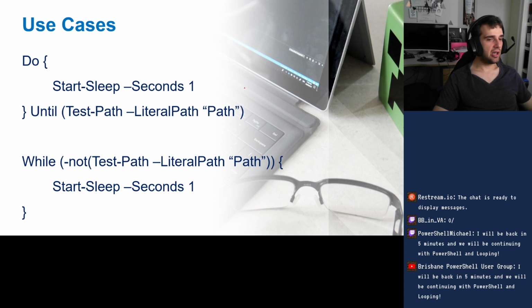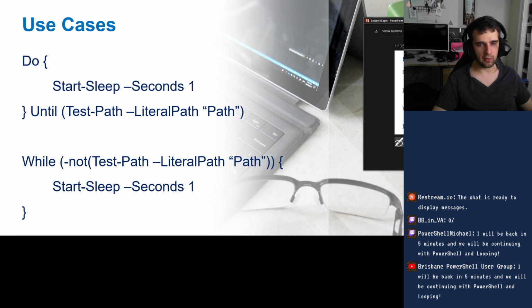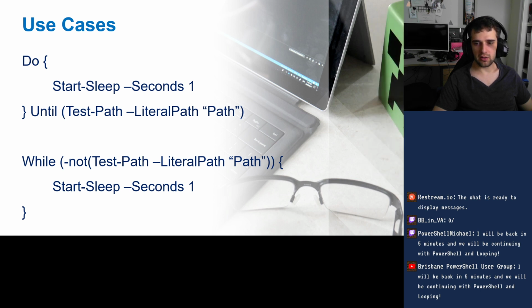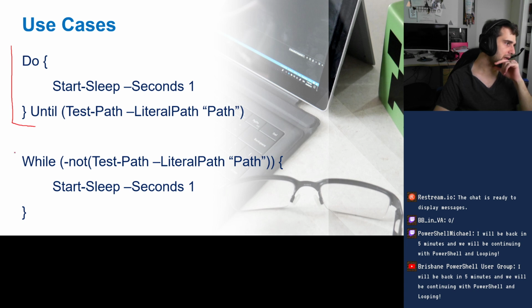Use cases. Use cases are always fun because there are always different types of use cases for different things. In this instance, I'm going to quickly take you through two different use cases. The scenario is we're waiting for a file to be created. There's two ways we can write this. We can write it with a do statement, let's say a do until, and then we'll use a while statement down the bottom here.